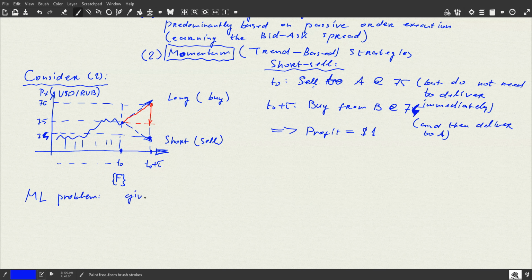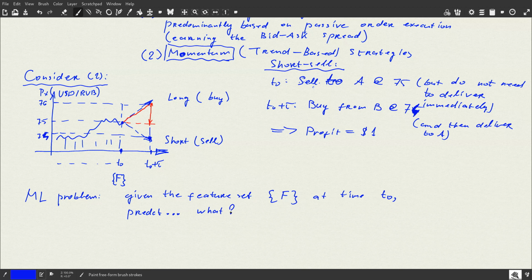Given the feature set f at time t0, predict, what do we actually predict? What do we want to predict in this case? We can either predict the next price, or whether it is going to be higher or lower.